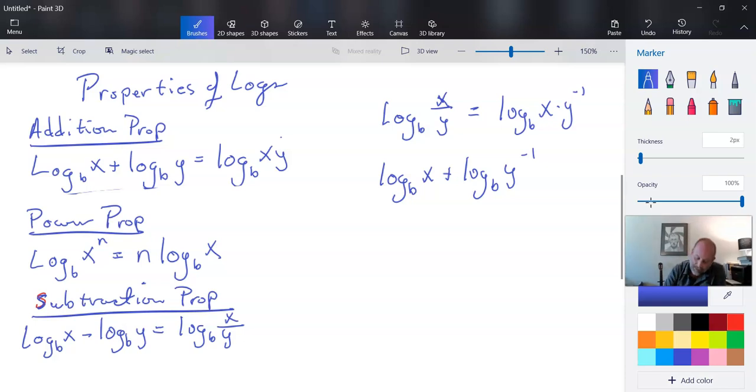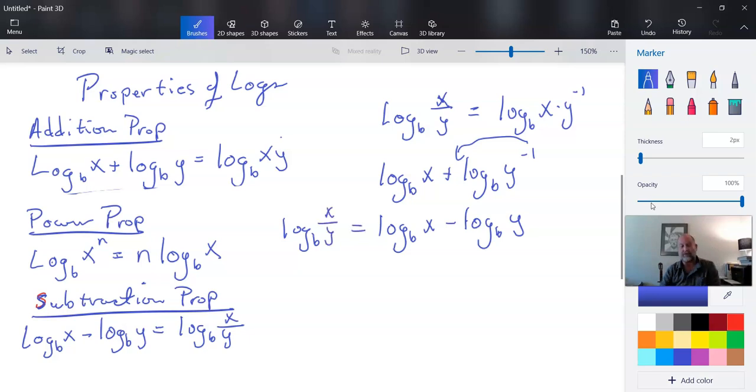And now we have the power rule. I can take this negative 1 and drop it out front, and that gives me log base b of x minus log base b of y, right? So that means that the log of x over y is equal to the difference of the two logs of the numerator and denominator, right?